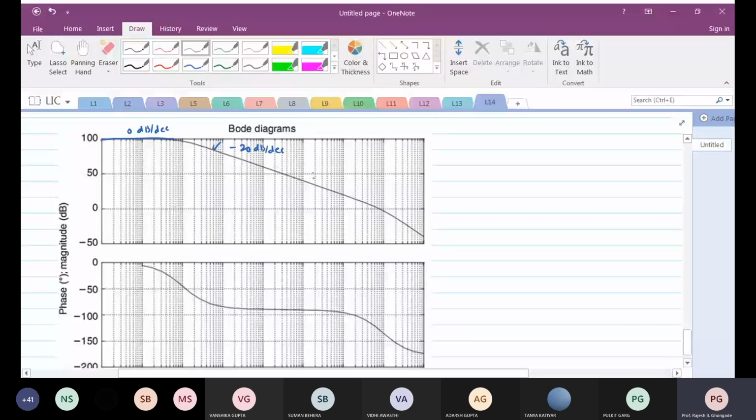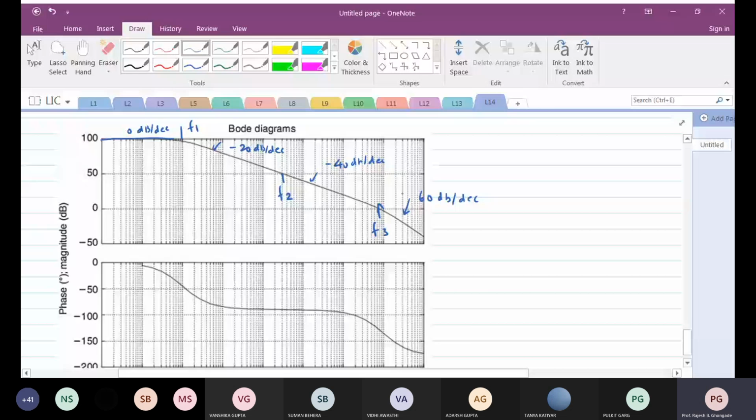Here slightly you have minus 40 dB per decade, and then you have 60 dB per decade. And these actually are different frequencies. So this is called F1. Roughly here we have F2, and then here we have F3.